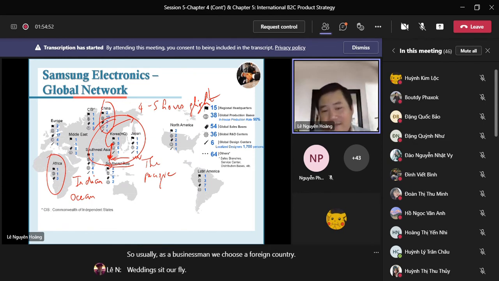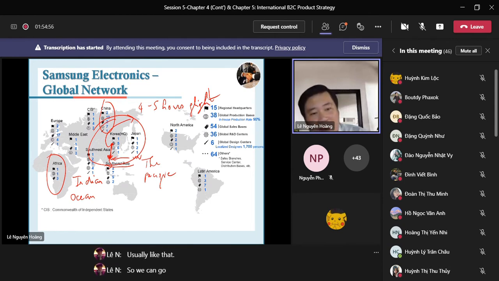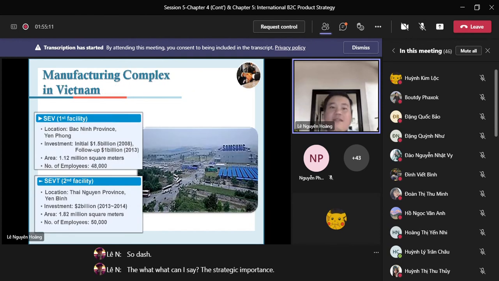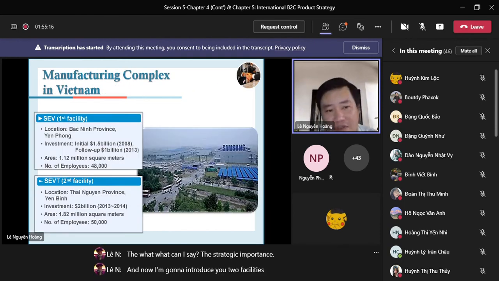Usually like that. So we can go there to have a meeting and then fly back to our headquarters to have another meeting. So that's the strategic importance.